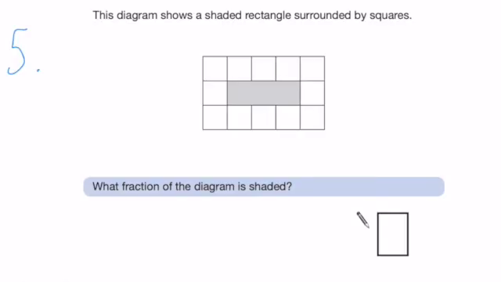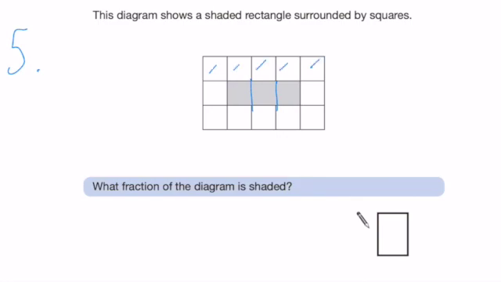Question 5. The diagram shows a shaded rectangle surrounded by squares. What fraction of the diagram is shaded? Press pause while you work that out. Okay, I'm going to show you a very simple trick. I'm going to draw a line here and a line here. Now, it's very straightforward. I just need to count how many parts. 1, 2, 3, 4, 5.